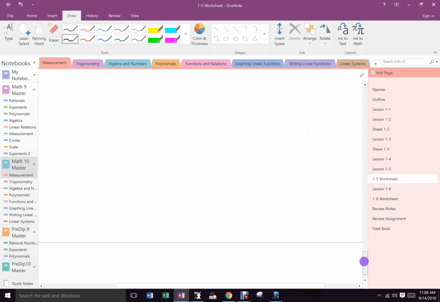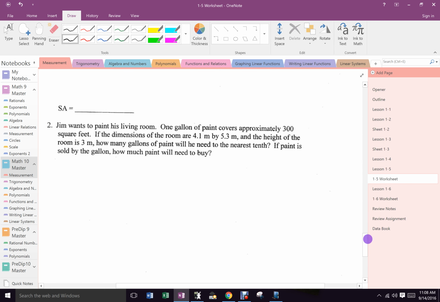And Jim, who is painting his living room: 1 gallon of paint covers 300 square feet. I'm going to highlight that. If the dimensions of the room are 4.1 meters, 5.3 meters, and the height is 3 meters, how many gallons will I need to buy?